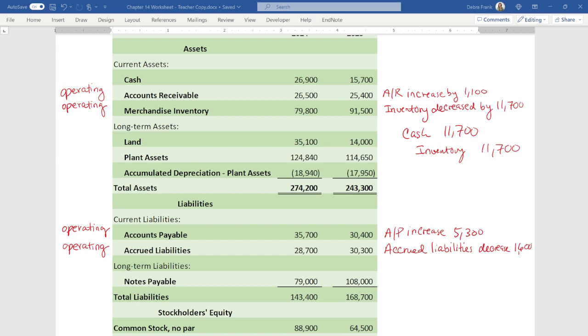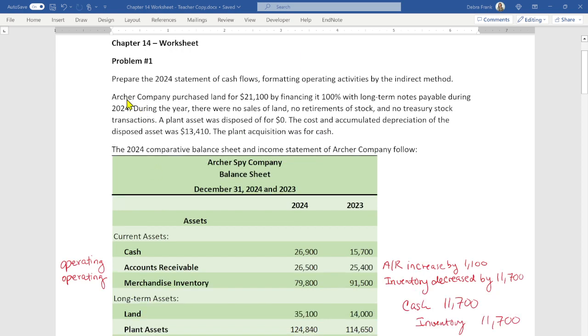And so we can see here we have our long-term assets section. We have land and plant assets in this section. Let's just really quickly review the information that we had provided in this paragraph. They purchased land for $21,100 by financing 100% with a long-term note payable.